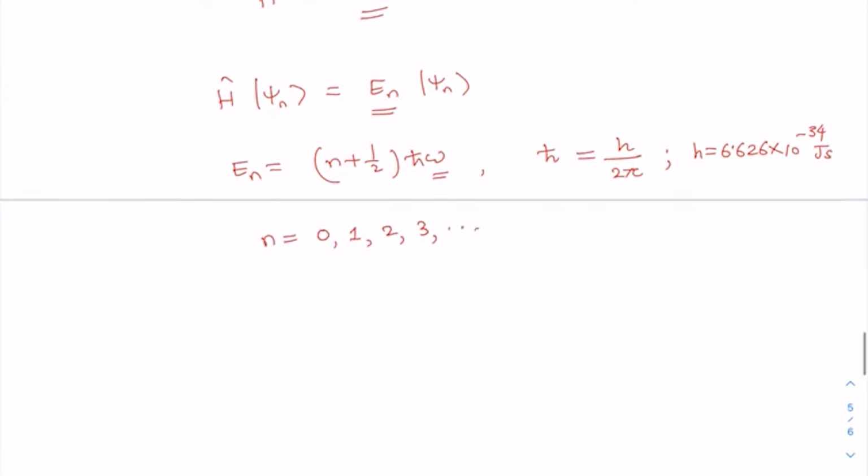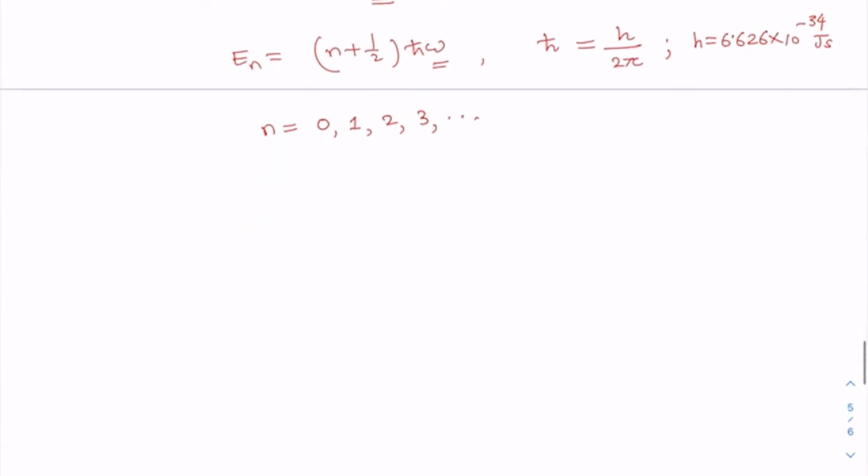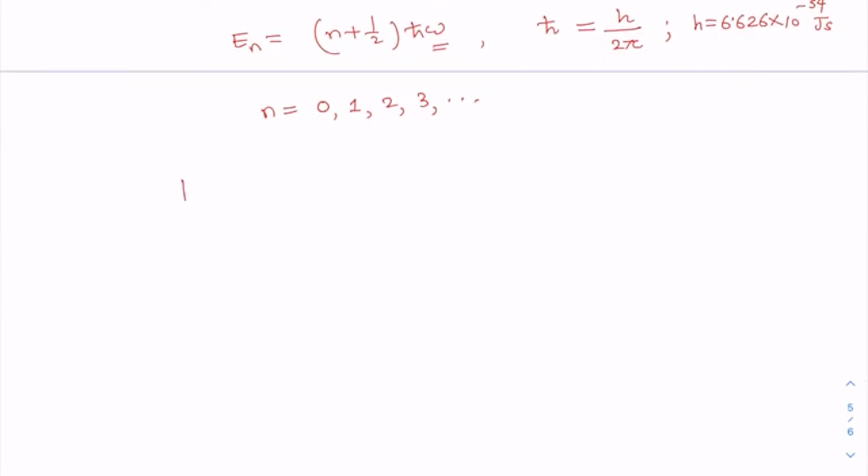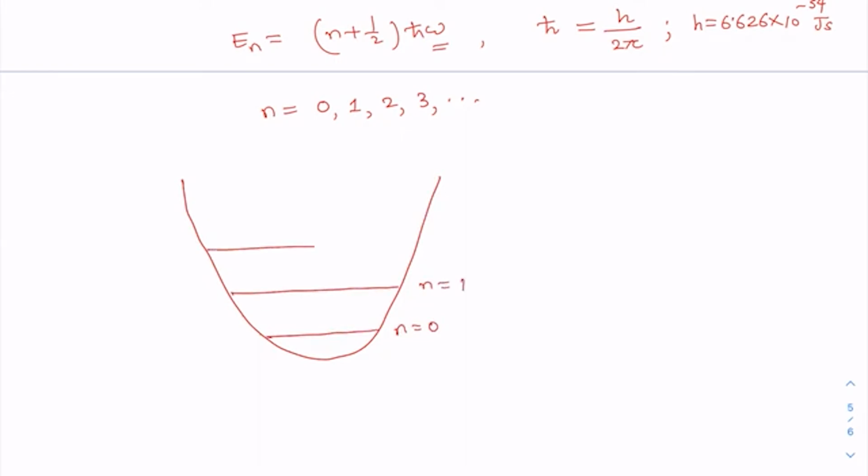And one thing that you can immediately see is that energy levels in a harmonic oscillator are equally spaced. Say you have n is equal to 0, n is equal to 1, n is equal to 2, and so on, and the spacing between these energy levels is always equal, and that is h cross omega.